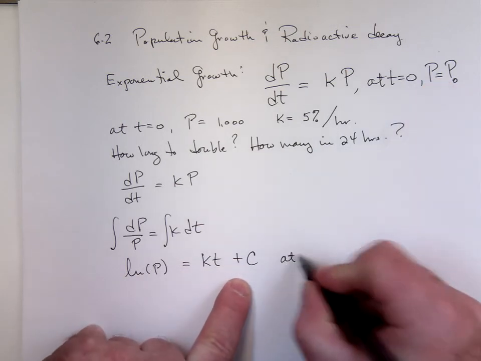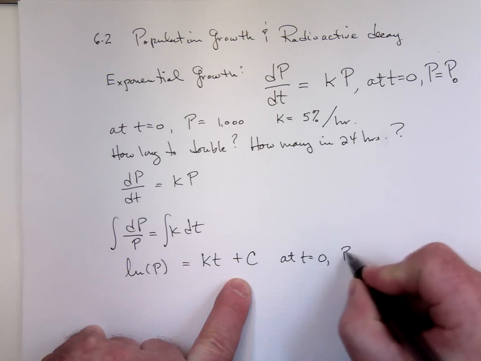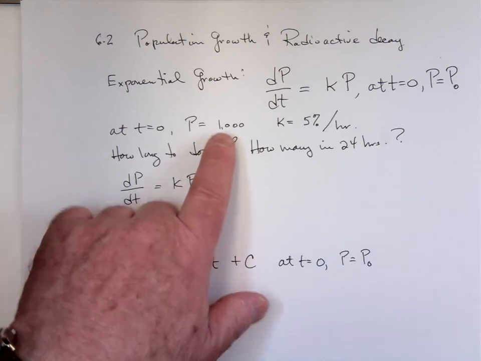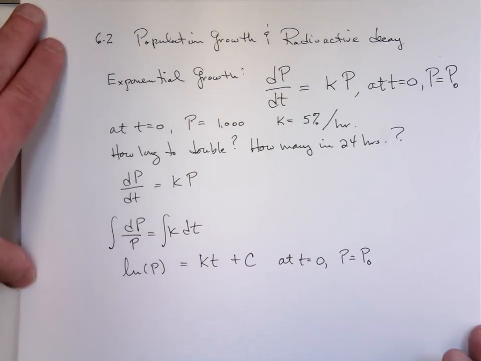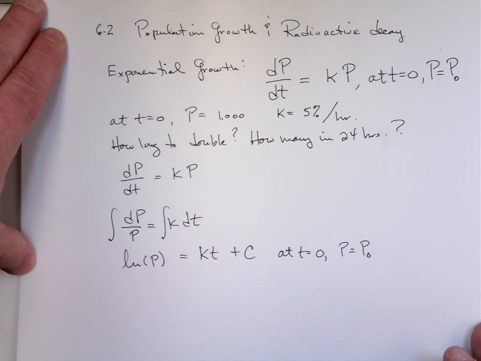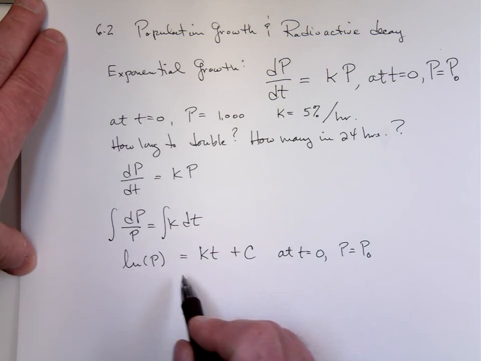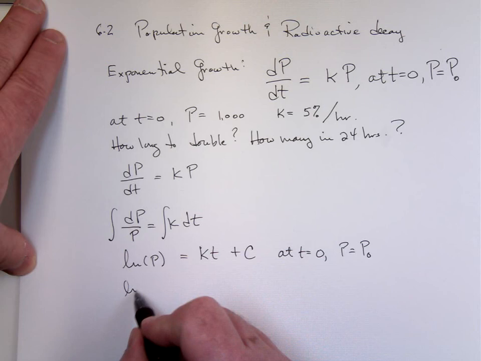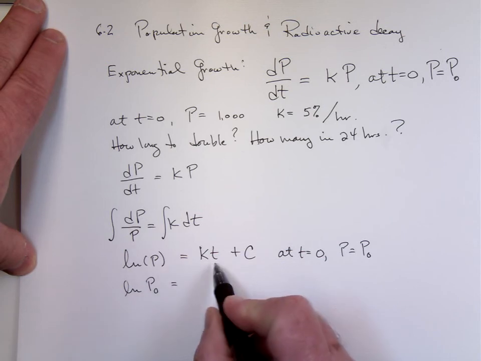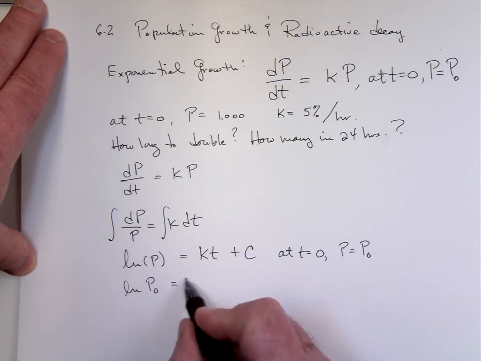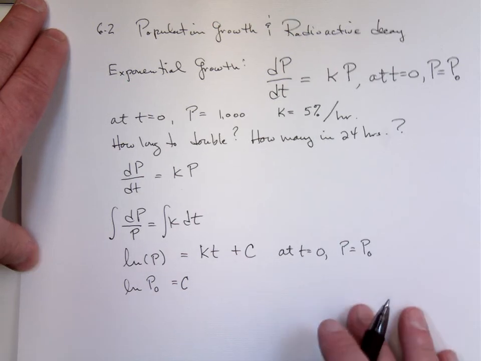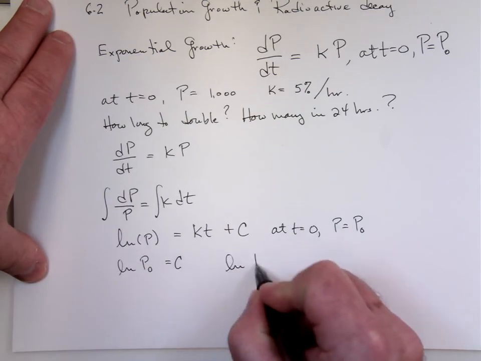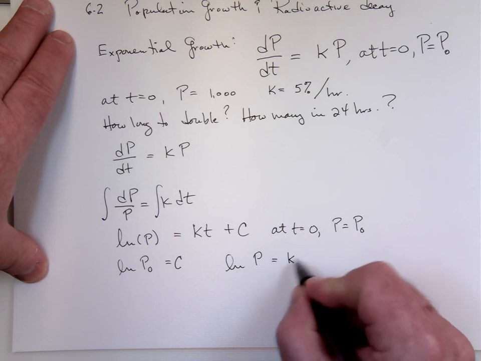Our problem is going to be 1,000, but I'm solving this in general. At t equals 0, p is p sub naught. So c is the natural log of p sub naught. Therefore, we have the natural log of p equals kt plus the natural log of p sub naught. That's what our c is equal to.